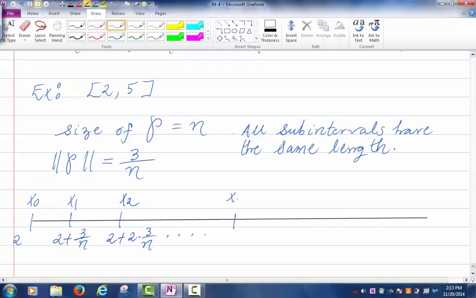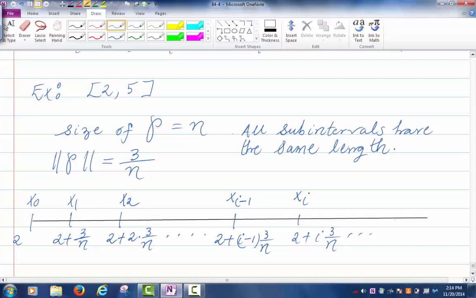So what is xi minus 1 and what is xi? xi minus 1 would be 2 plus i minus 1 times 3 over n. This one would be 2 plus i times 3 over n.